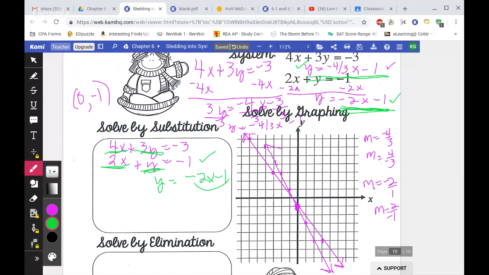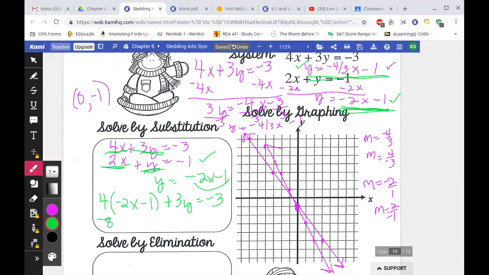So I'm going to substitute that -2x minus 1 in for y in the other equation. So 4 times -2x minus 1 plus 3y equals -3.